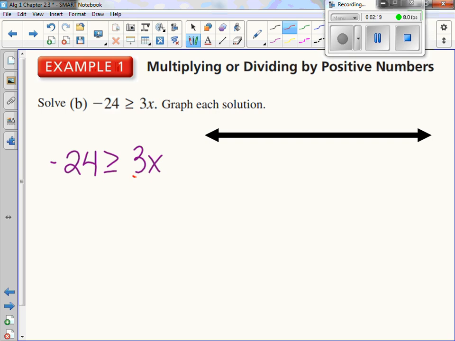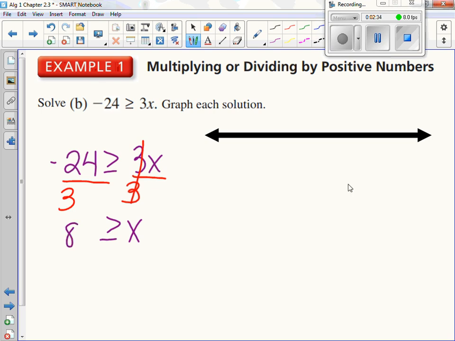We're going to divide both sides by 3, because 3 divided by 3 will simplify out, leaving me with just x. The sign doesn't change. Negative 24 divided by 3 will give us negative 8. Since we had 3 times x in the starting equation, since they're being multiplied, to undo multiplication, we divide. So we divided both sides by 3.